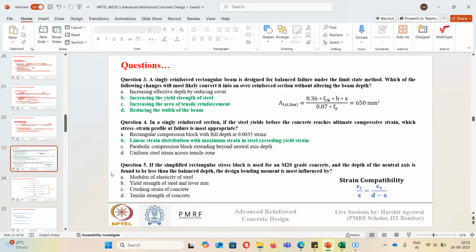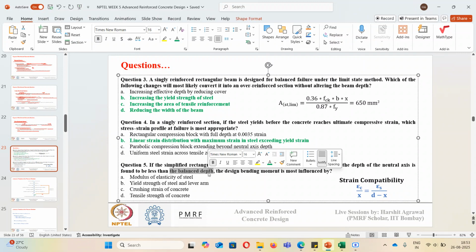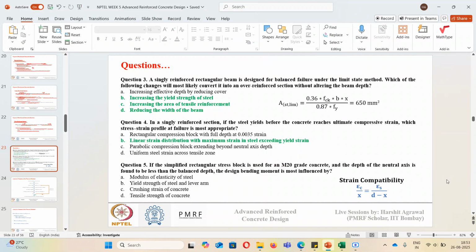So try to think of this question based on the strain compatibility relationship that we saw a few slides ago. Okay, you need to do some calculation to understand. What is the depth of neutral axis at balance depth? Try to give it a try, assuming some section.